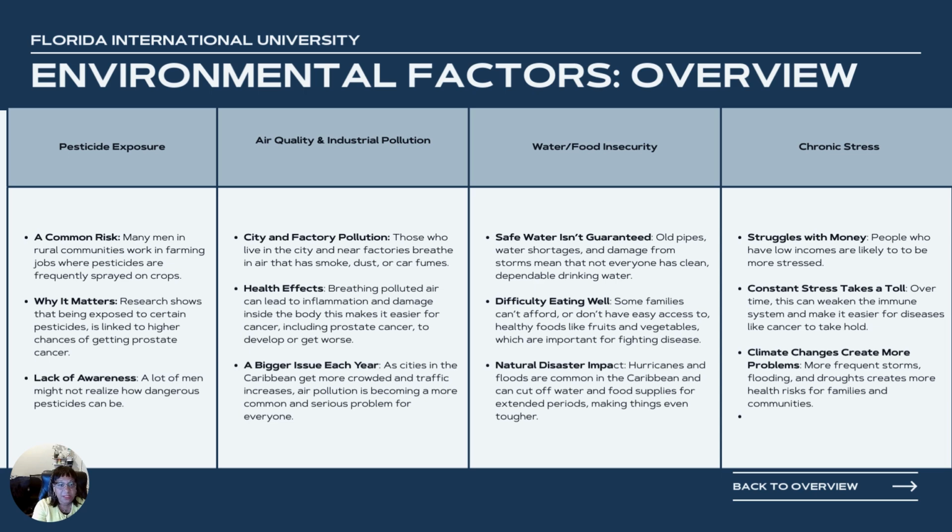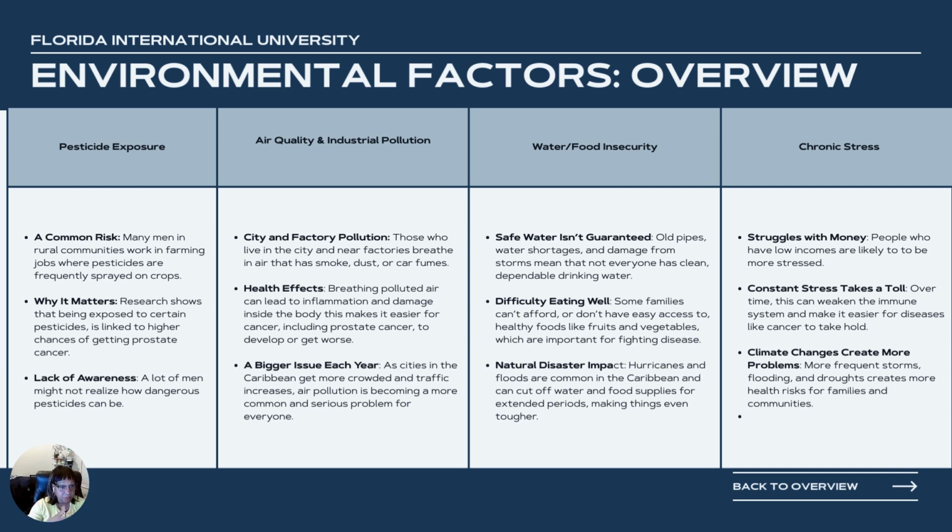Then we have the water and the food insecurities, which is another issue because safe water is not guaranteed because of old pipes, water shortages, and damage from storms, especially during the hurricane season. There are times when, as a result of the storm, they do not have clean and dependable drinking water.